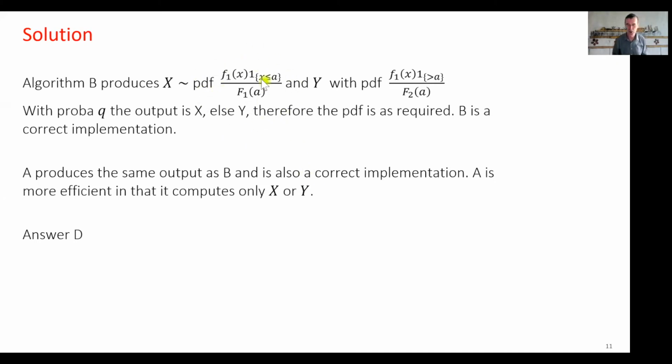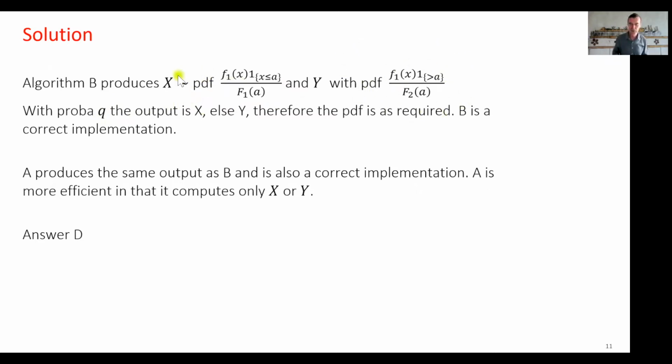We have seen that rejection sampling produces a sample of the PDF given by a normalizing constant times the PDF here. So it either produces X or Y, and with probability Q, it picks either X or Y. Therefore, given that Q is that the first outcome is chosen, we obtain this PDF. Given that the second outcome is chosen, we obtain this second PDF.